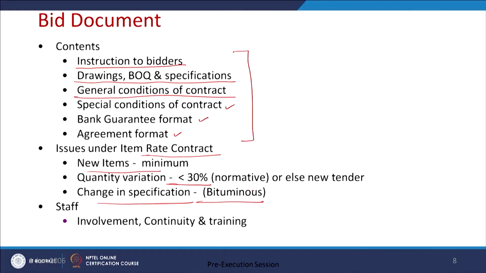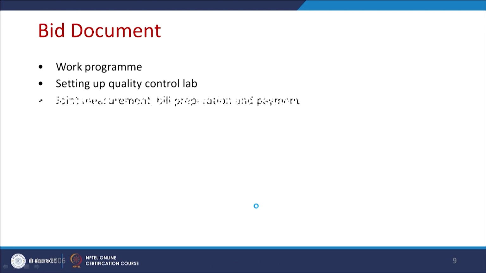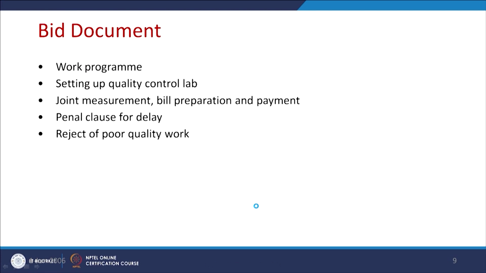Then staffing in terms of service procurement: what kind of involvement, continuity and training is required. Apart from that, the bid document should also ask about the work program, setting up the quality control lab, the mechanism of joint measurement, bill preparation, and how the payment will be done.